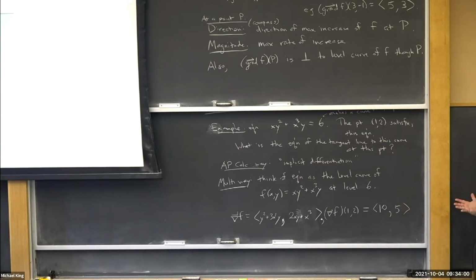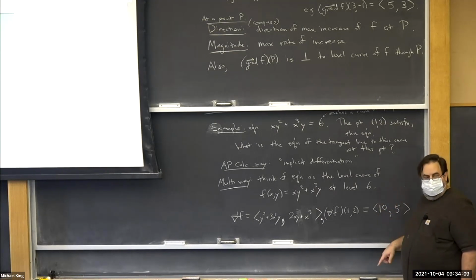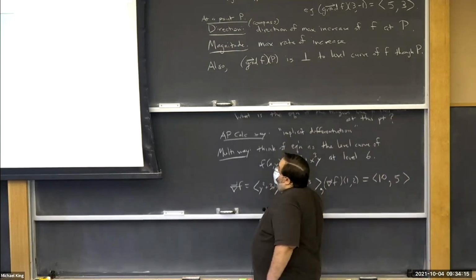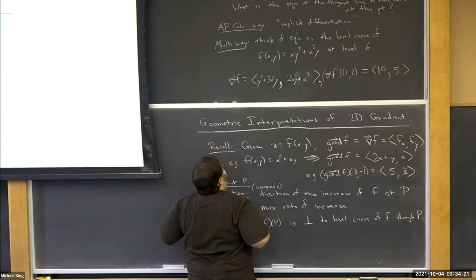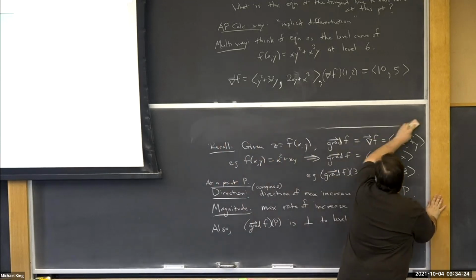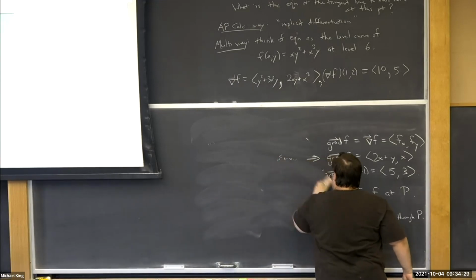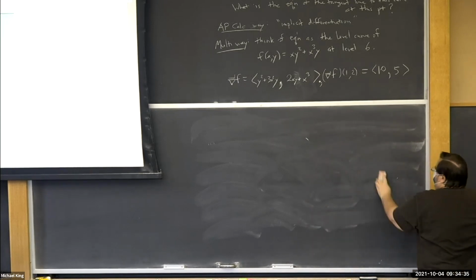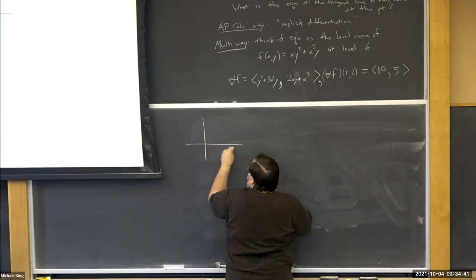But the more direct way to do it is, once we have a gradient vector, we have a vector normal to the curve. So it's also normal to the tangent line, right? Maybe I'll try to draw this and then try to draw this vector. So, right, we're at this point, the point (1, 2).